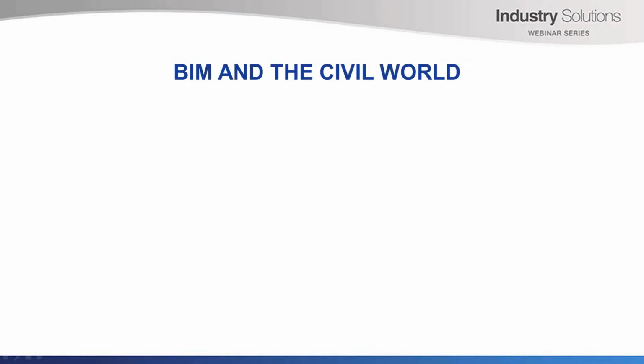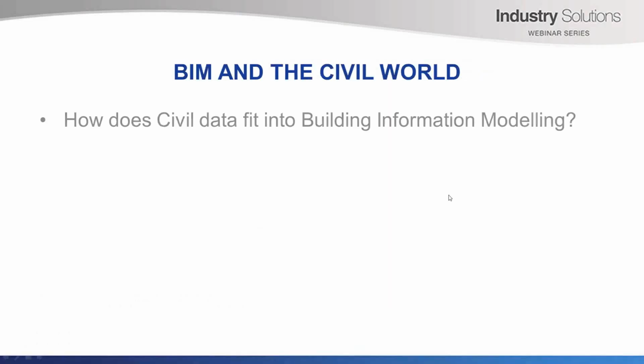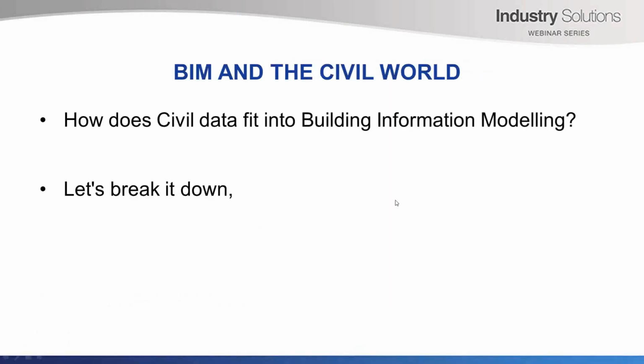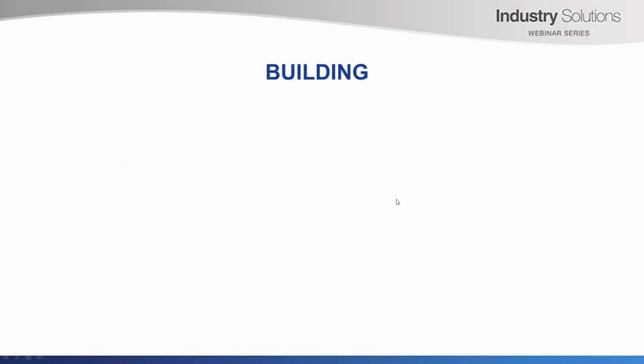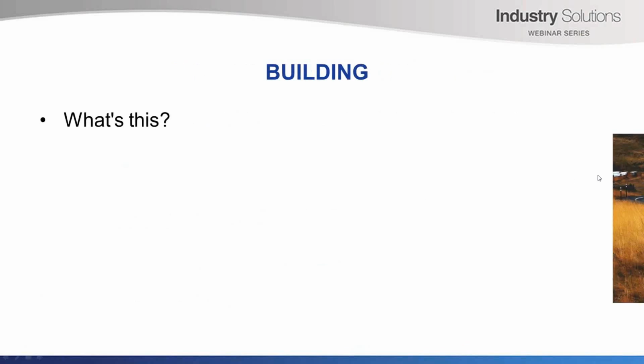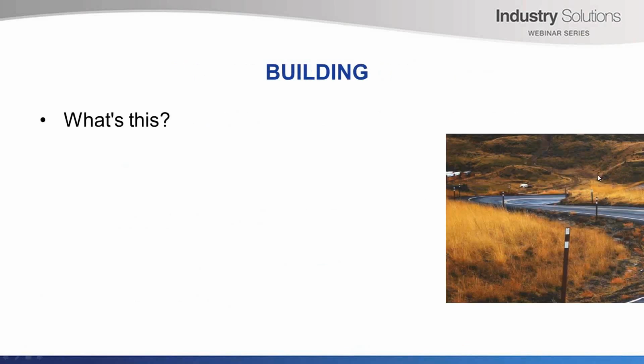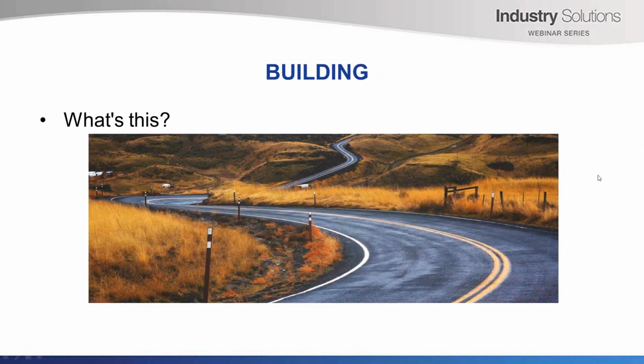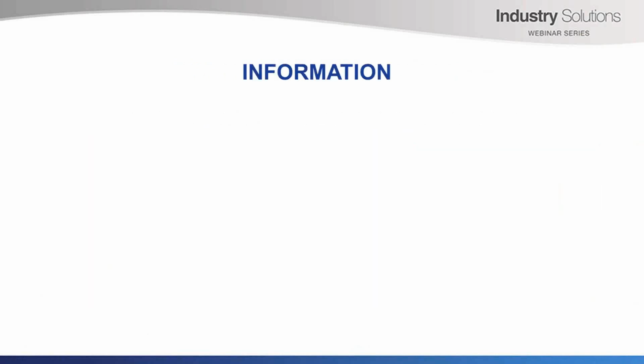Now, where does BIM fit in with the civil world? Or more importantly, how does civil data fit in with BIM? So let's break it down. Starting with building. So what's this? A road. Moving on. Information. In 12D model, we have lots of it.